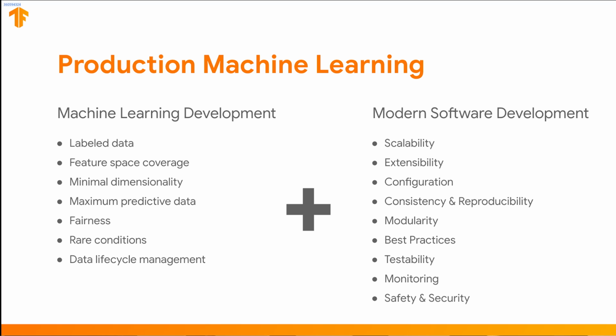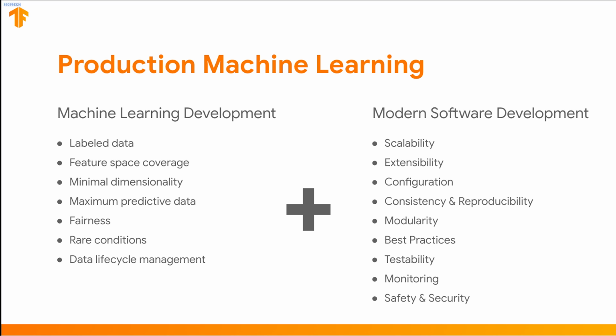So along with everything that machine learning development needs, right? Whether it is about labeling the data, whether it is about creating the best model, about handling the rare conditions, we really cannot forget about the model development needs. We need scalability. We need extensibility.